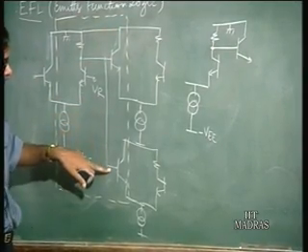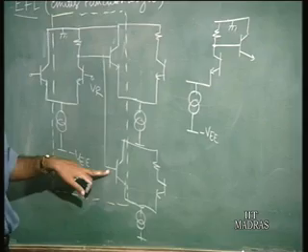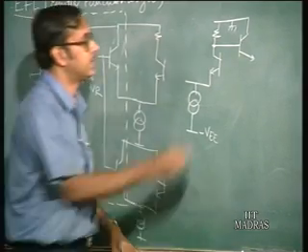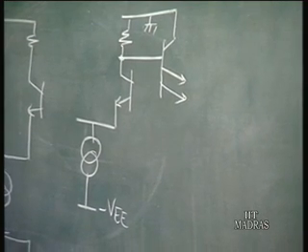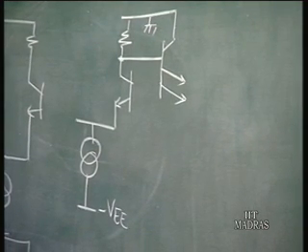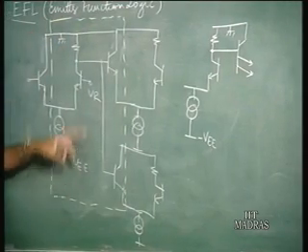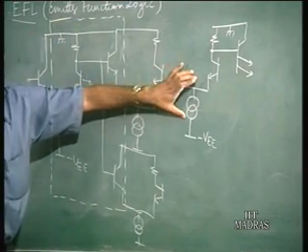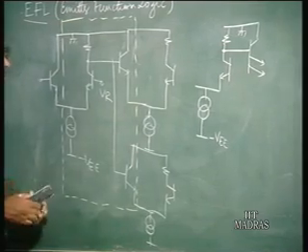So what I can use is a multi-emitter transistor, because, as I said, the collectors and bases are all shorted. So I can redraw this part of the original circuit by this circuit. So this we shall see now.